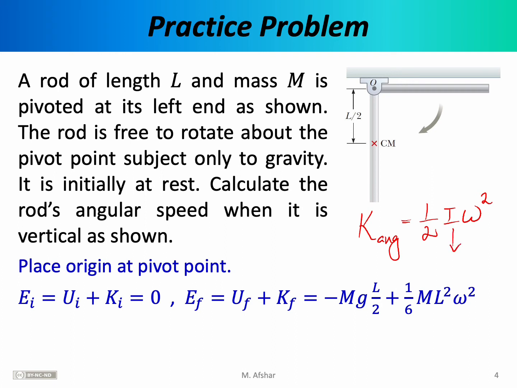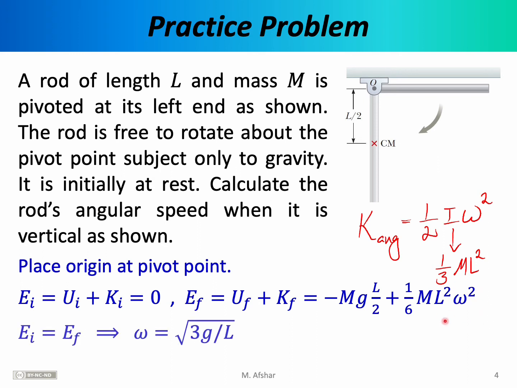And if you look that up in your textbook, you'll see that the moment of inertia is 1/3 mL squared, mass times length squared, divided by 3. Which means that the angular kinetic energy of the rod as it is rotating is going to be 1/6 mL squared times omega squared. Now, we don't know what omega is, but omega is exactly the thing that we're trying to solve for. We want to calculate the rod's angular speed, which is this omega here.